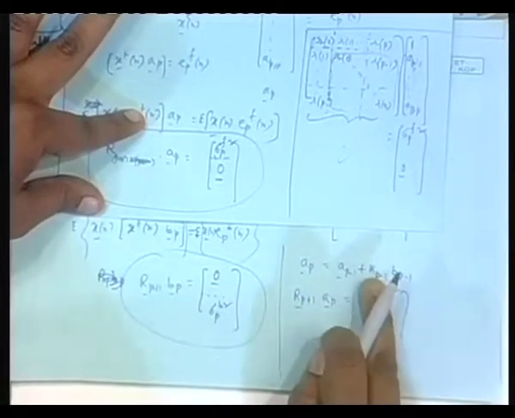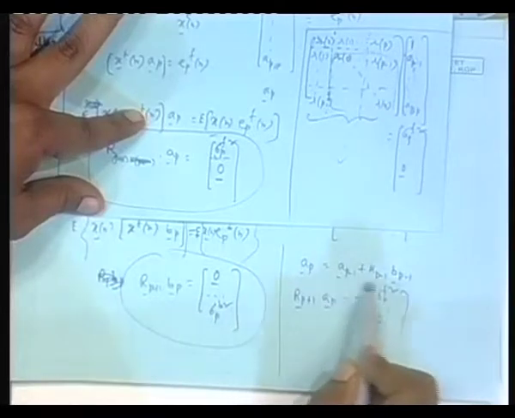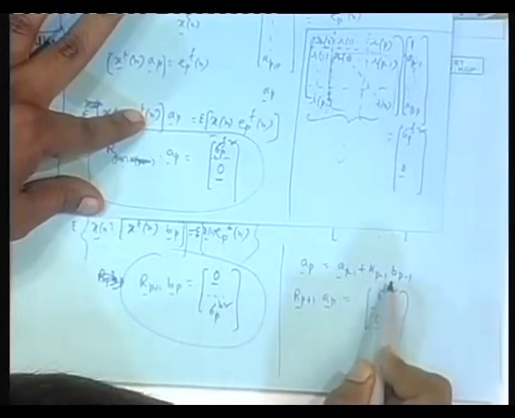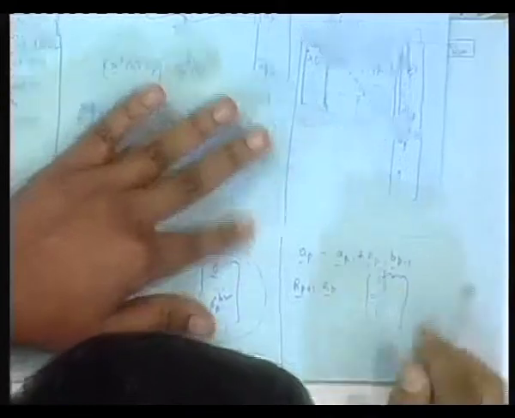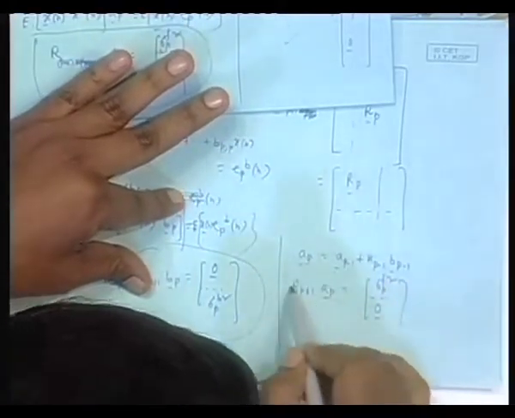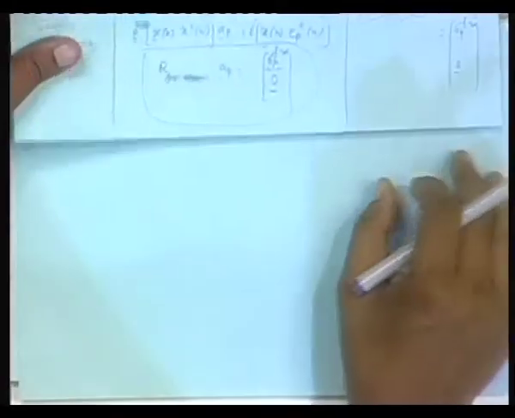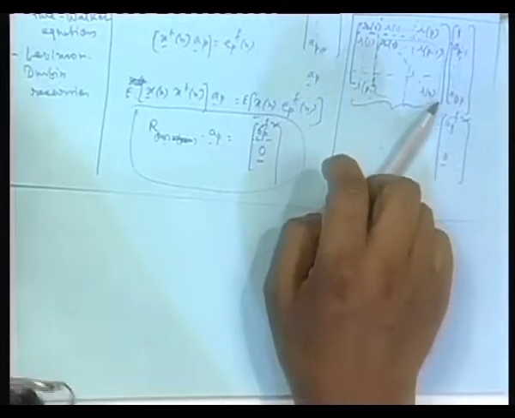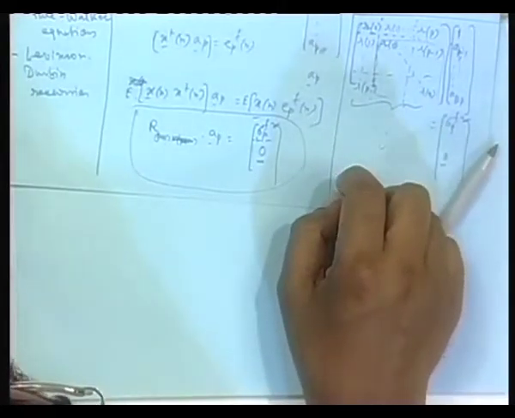If you replace Ap by this, okay, by the way, just a minute, I was making one mistake. Let me do it on a separate page. This is a dimensionality problem. Ap has got how many coefficients? 1 and p coefficients. Ap minus 1, how many coefficients? 1 and p minus 1 coefficients. So, the two vectors are not the same, is it? I have to put a 0 to make them the same. I mean, one is of length 1 higher than the other.